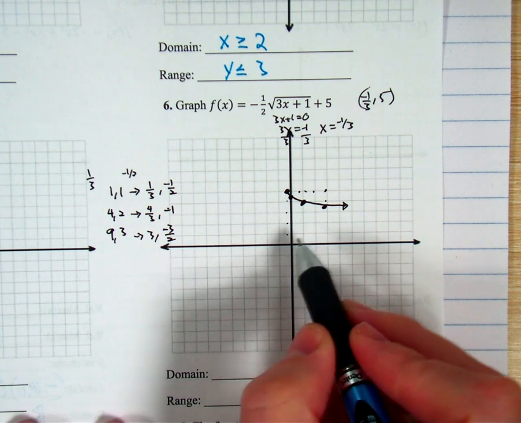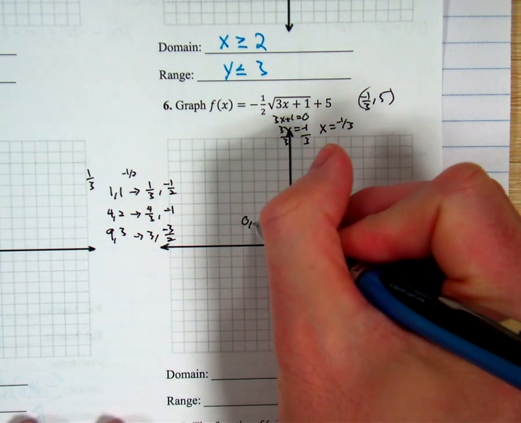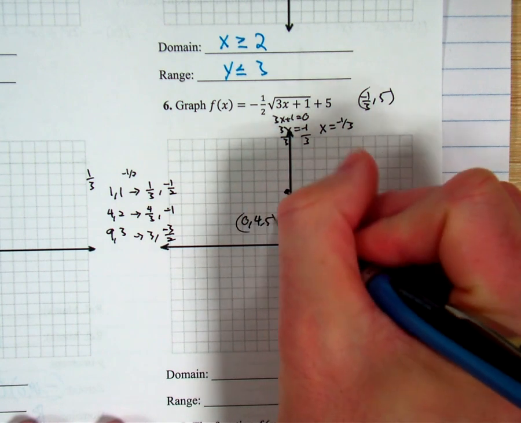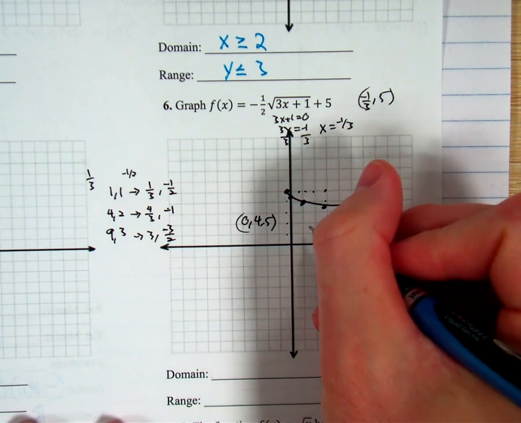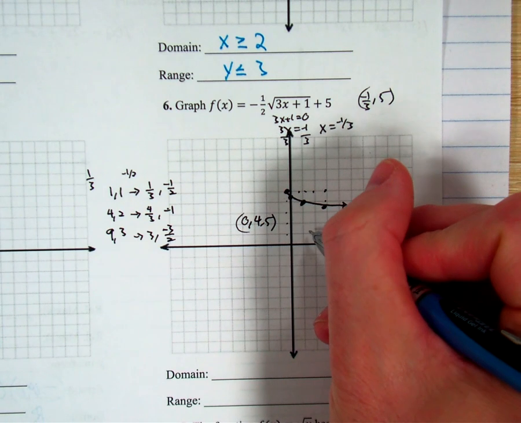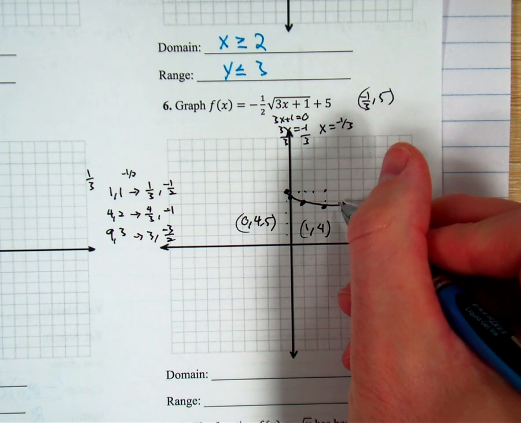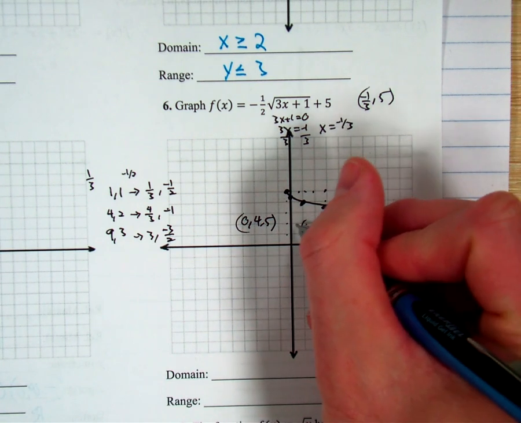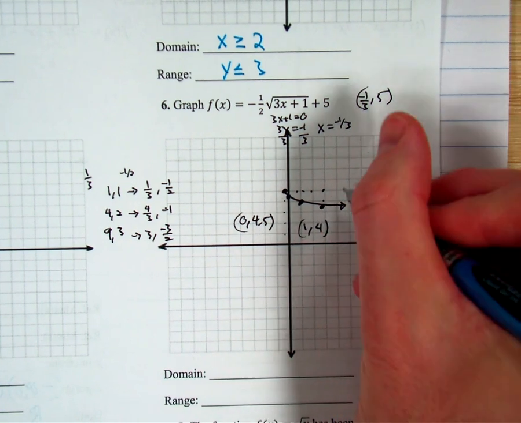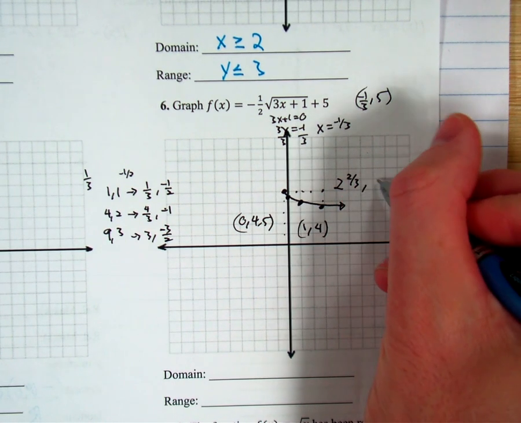If you want to label those points, that would be 0, comma 4.5. That's going to be a nice 1, comma 4. And in this one, we're at 1, 2 2/2, comma 3.5.